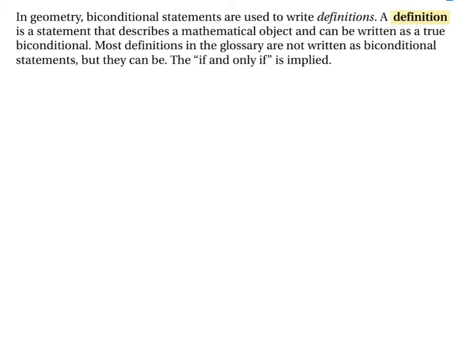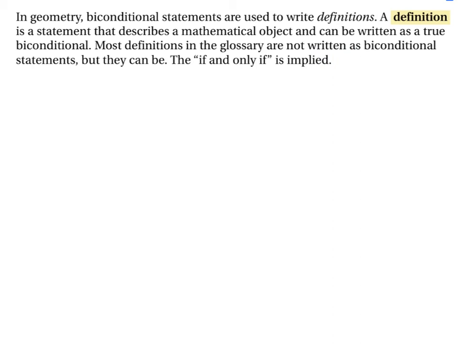Now in geometry, biconditional statements are used to write definitions. Here's another vocab word. A definition is a statement that describes a mathematical object and can be written as a true biconditional. Important. A definition can be written as a biconditional. Most definitions in the glossary are not written as biconditional statements.